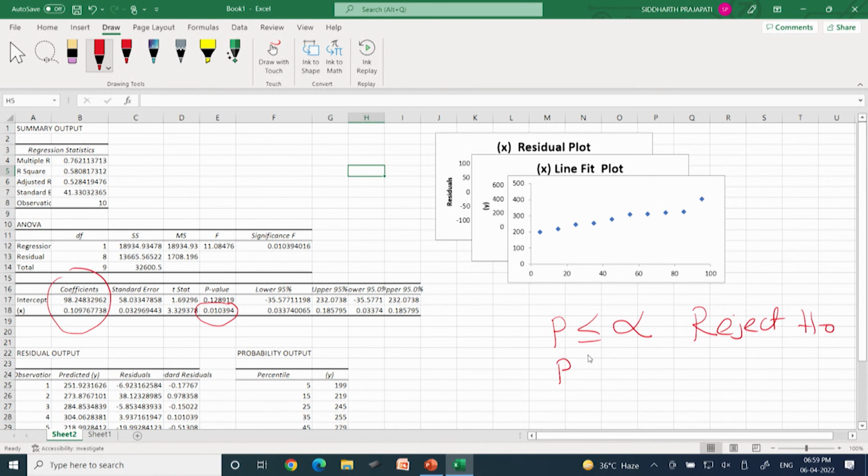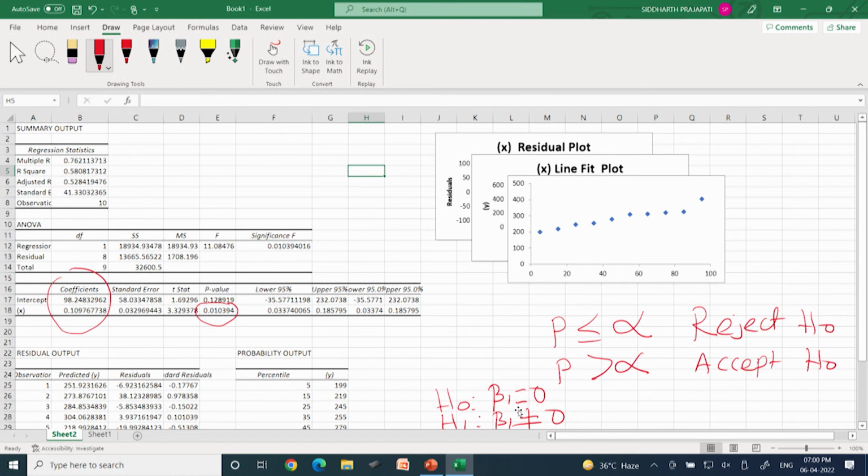If the p value is greater than alpha, accept H naught. So, in our model, the null hypothesis assumption is beta 1 equal to 0. The alternate hypothesis is beta 1 not equal to 0.